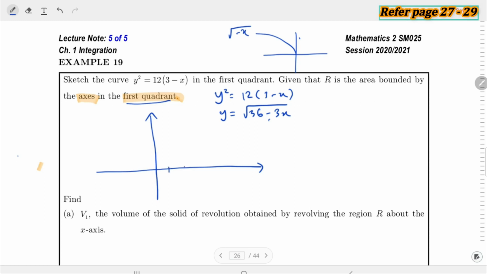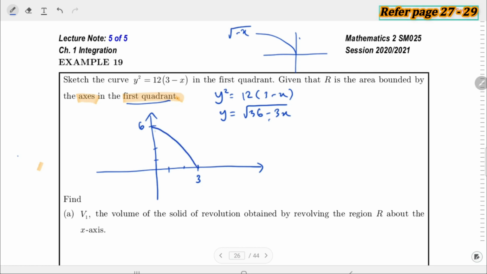So I just simply sketch 3 here, and when you find the y-intercept, it's going to be 6 when x equals 0. So the graph will be sketched like this.